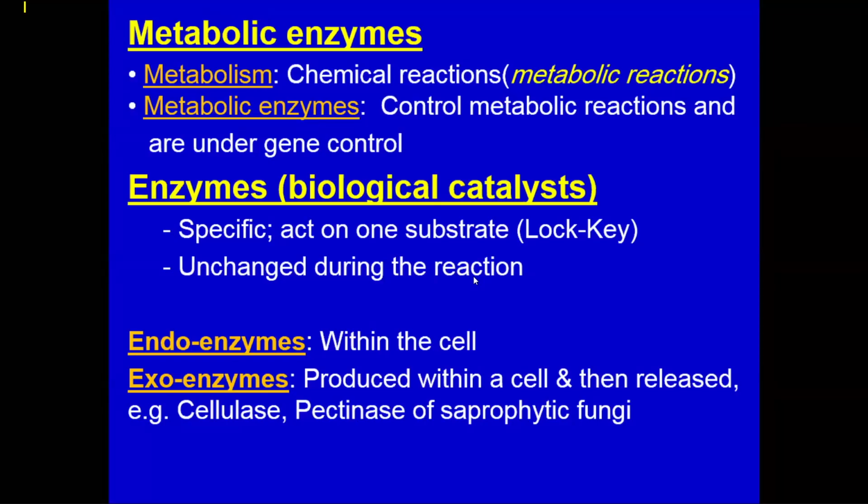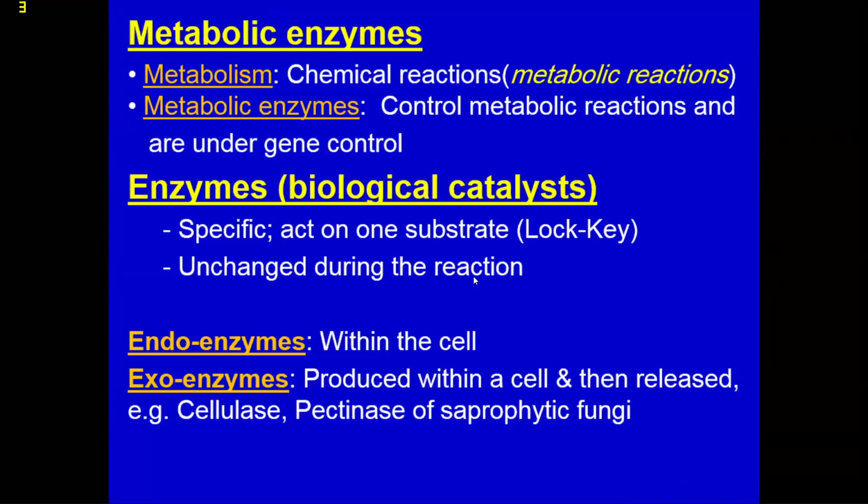The enzymes are either endoenzymes within the cell, or exoenzymes produced within the cell then released outside the cell. That means they are made inside the cell and secreted outside the cell. Released means secreted outside the cell. Examples are cellulase and pectinase of saprophytic fungi.